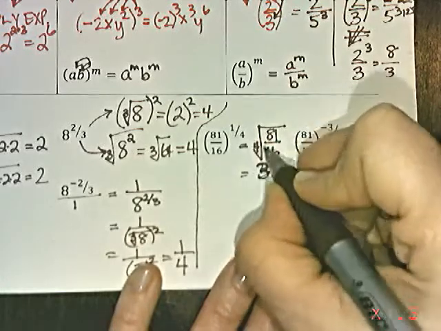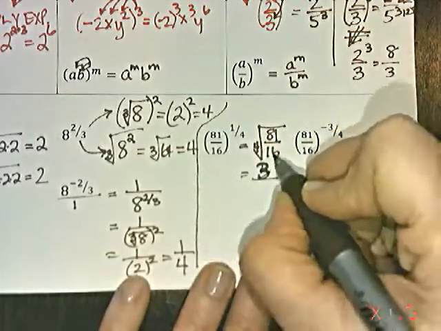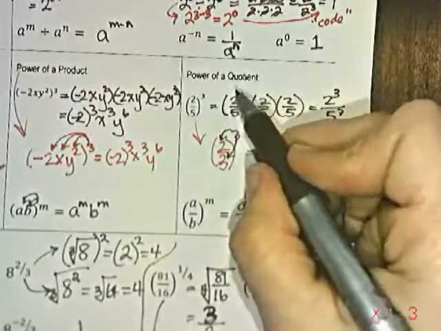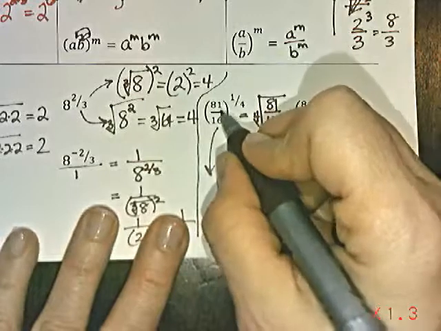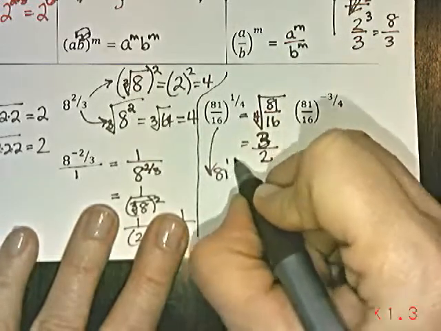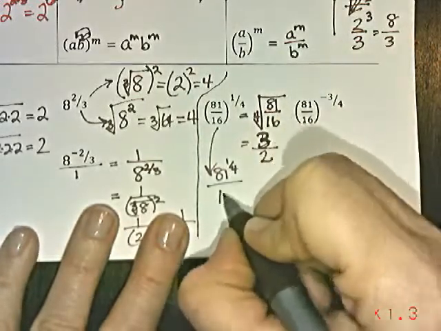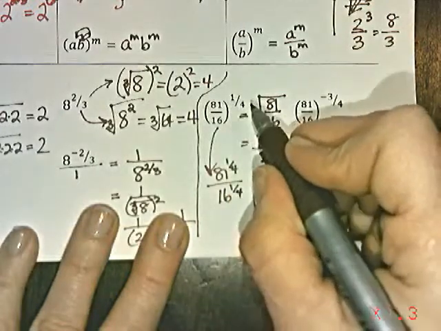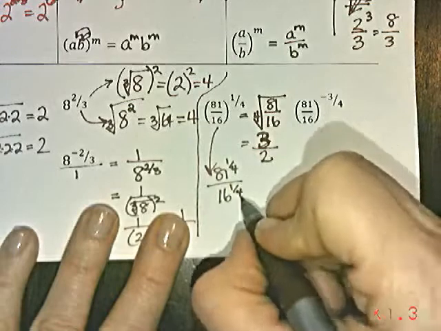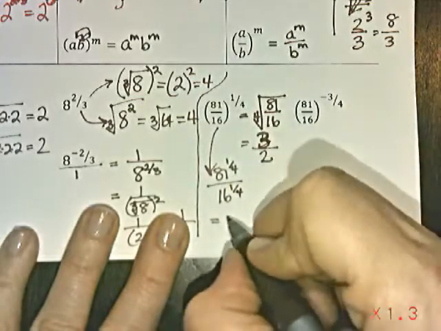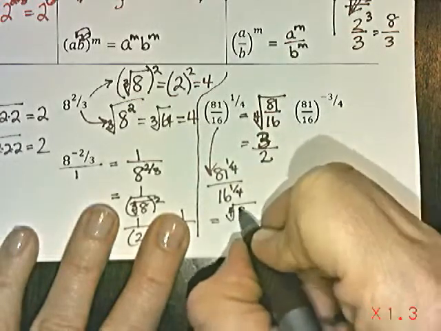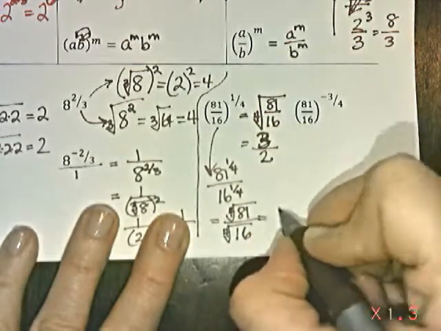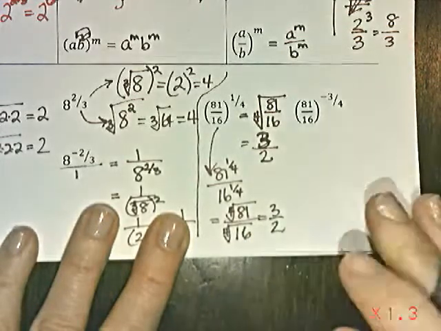And what number multiplied by itself 4 times gives me a 16? That's a 2. If we think about our power of a quotient rule, we can also recognize that I can distribute that quarter into my fraction so that it is subjecting to both the numerator and the denominator, and we'll get to our 3/2 by looking at the roots separately. Either way is good mathematical form, and we get our 3/2.